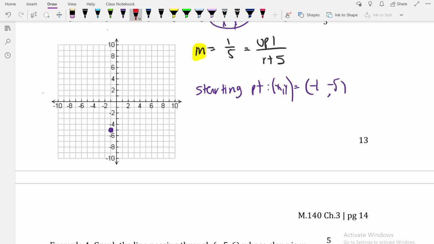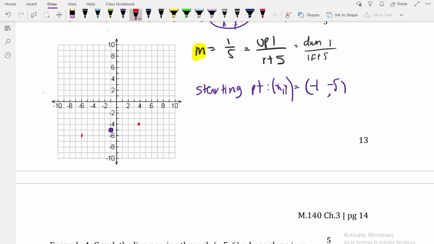The slope tells me to go up 1 and to the right 5. I also could have gone down 1 and left 5. So from that starting point, -1, -5, I could have gone down 1 and to the left 5.